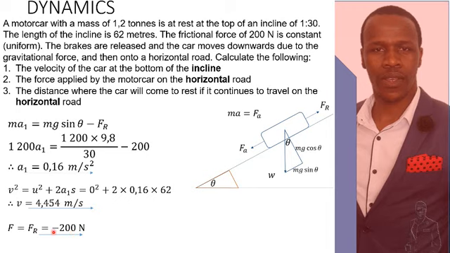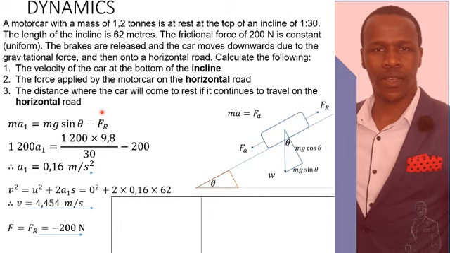That's why we have a negative 200. Okay, then we have number 3, the distance where the car will come to rest if it continues to travel on the horizontal plane.